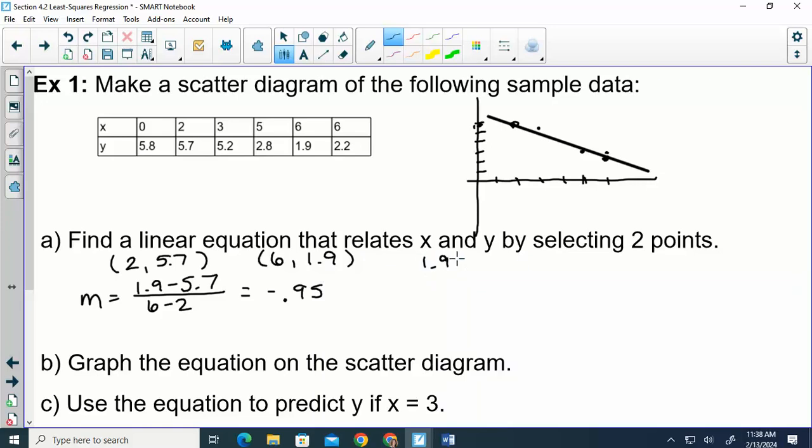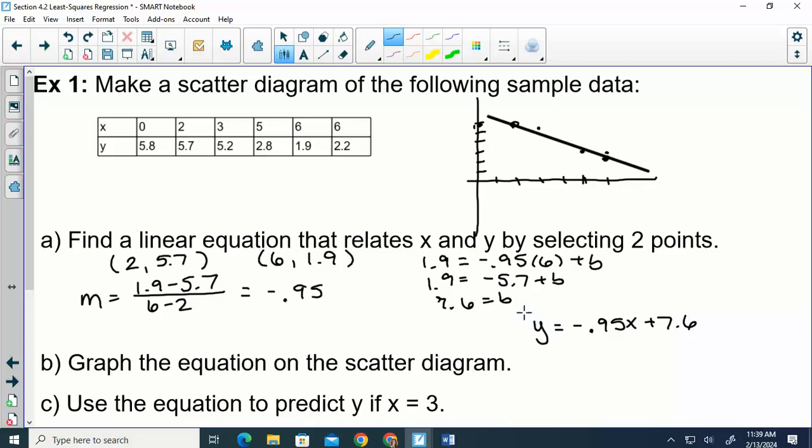So put in your y, what's our m? So we have an equation.